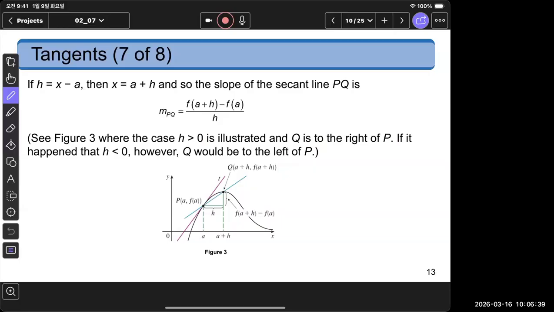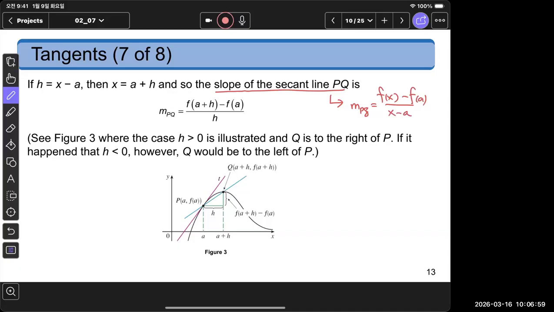Now, in the previous note, the slope of this secant line PQ, m sub PQ, was initially defined by f of x minus f of a over x minus a.